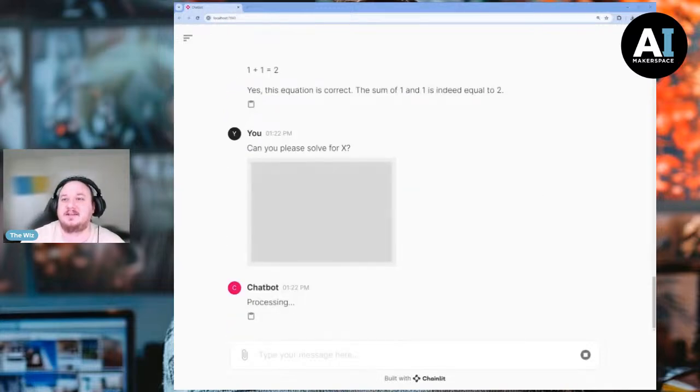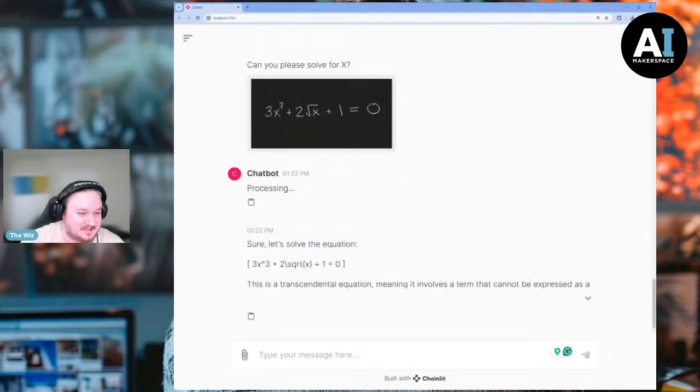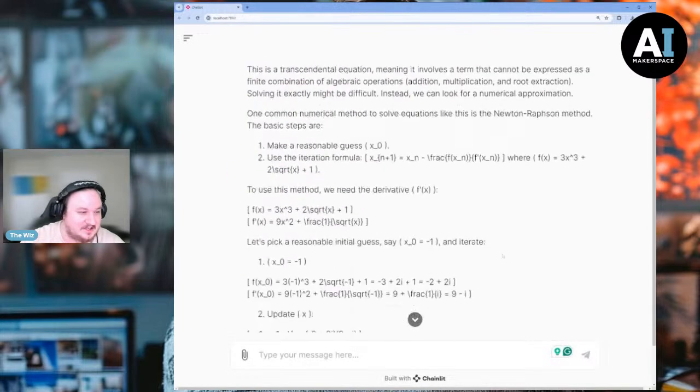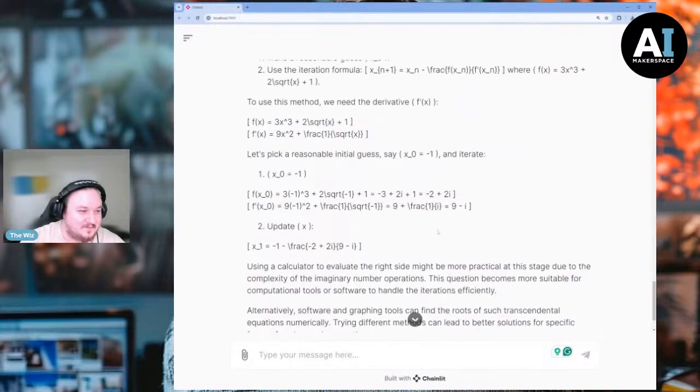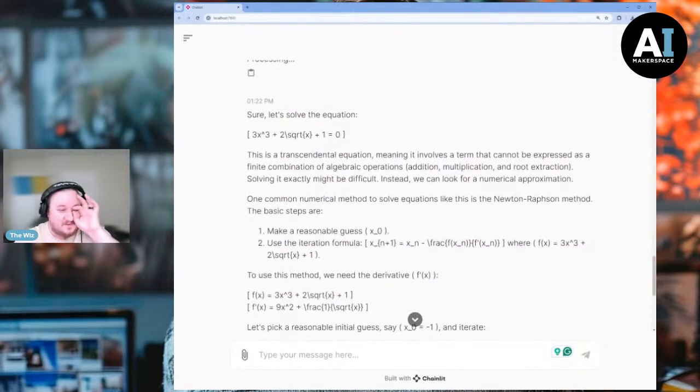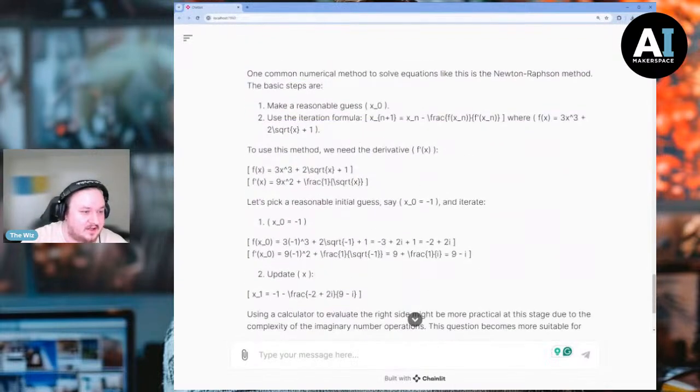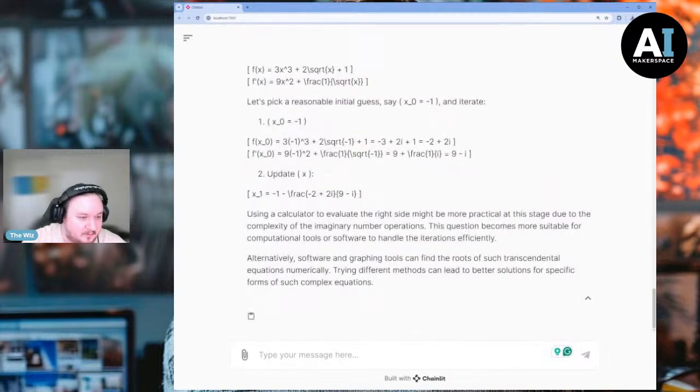It tries its best, right? So we see here, it's going on. It correctly identifies that this is a more complicated expression to evaluate, and it does correctly identify that it has a complex solution, but it isn't able to get to the right answer.